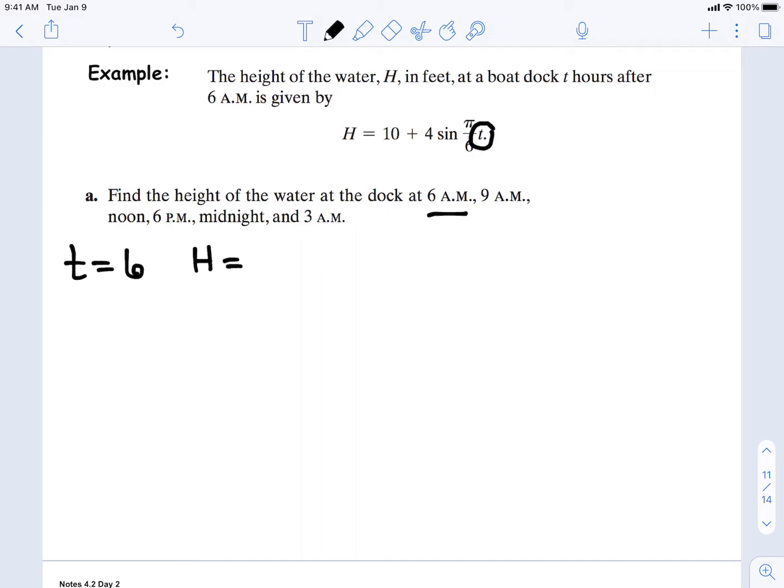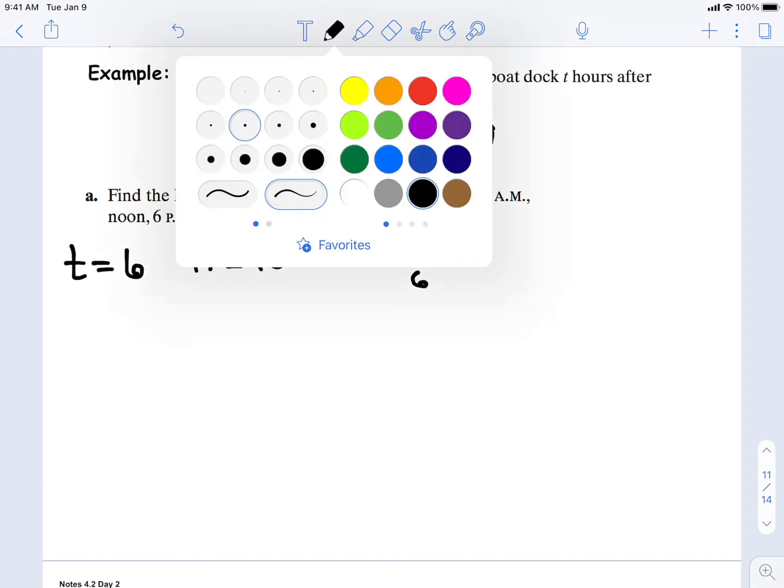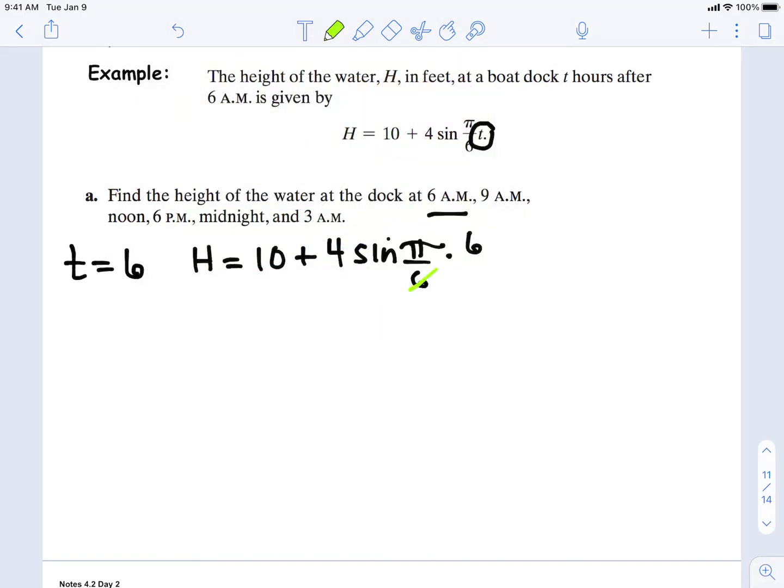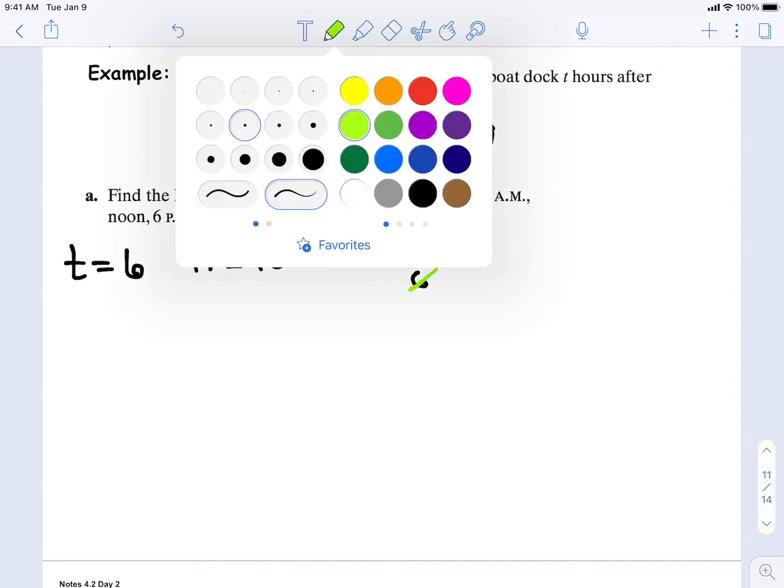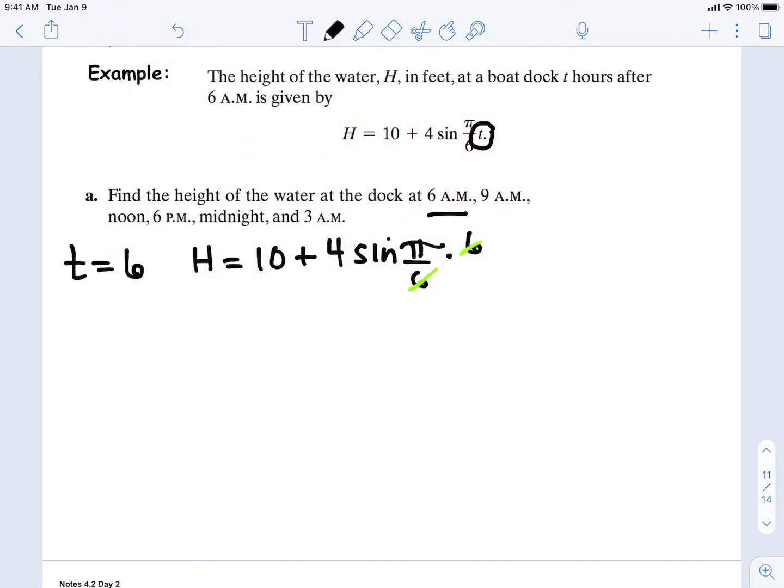So h equals 10 plus 4, the sine of pi over 6 times 6. And what's going to happen is this 6 and that 6 will cancel out. We have 10 plus 4 times the sine of pi. Now I'm going to just create a quick coordinate plane.